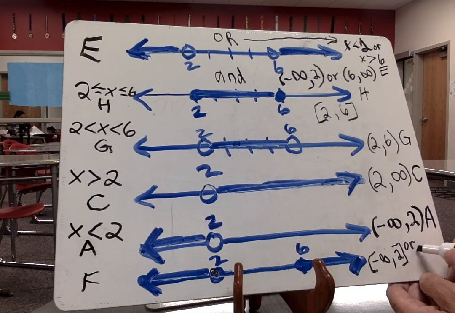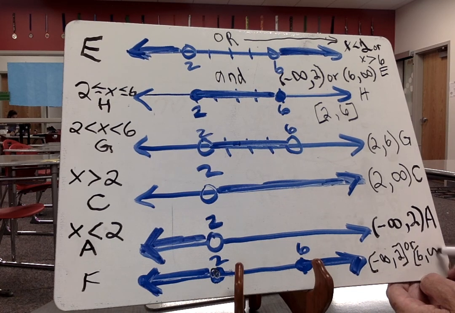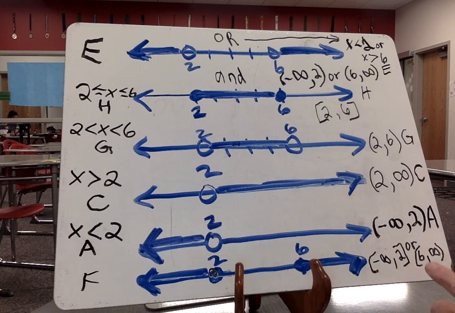Or 6 is included, bracket, comma, positive infinity, and then that is a parenthesis. So it's okay to have one be a bracket and one be a parenthesis. So that's the first section.